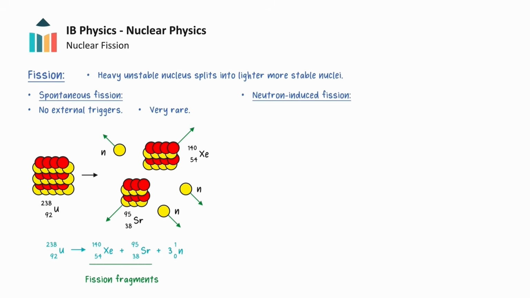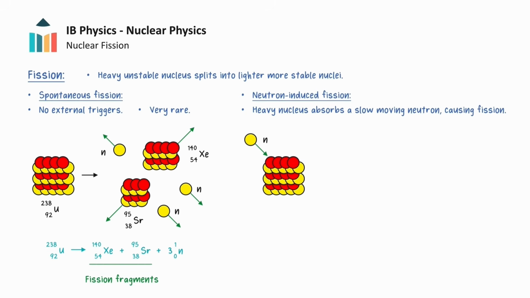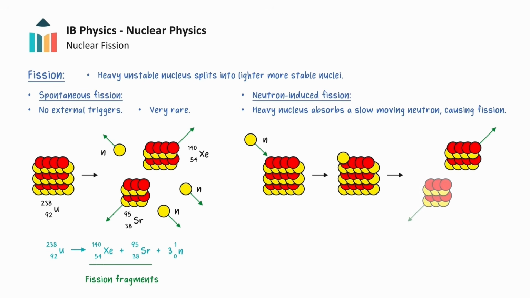Instead, fission can be deliberately induced in nuclei by using slow-moving neutrons. Here, a slow-moving neutron will be absorbed by the massive nucleus, which causes it to be unstable and split into two fission fragments along with more neutrons. In this example, when a neutron is absorbed by a uranium-235 nucleus, it becomes uranium-236, which is very unstable.